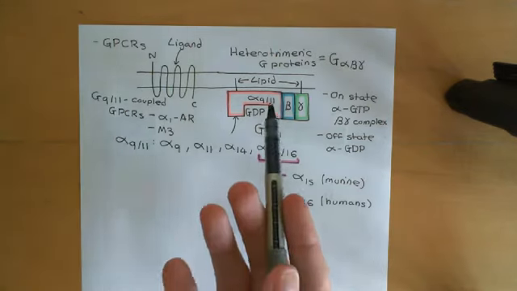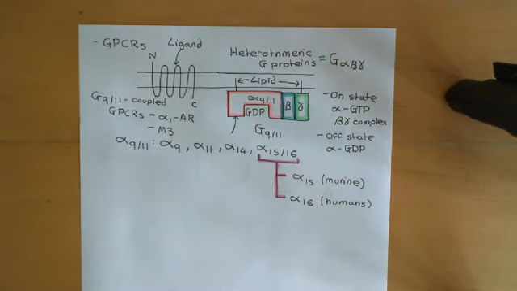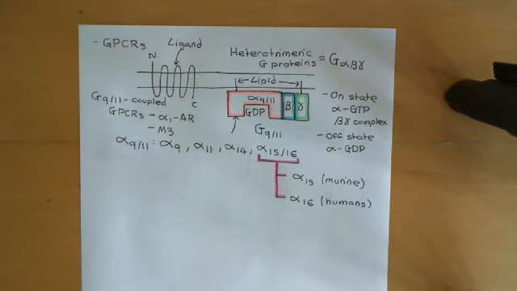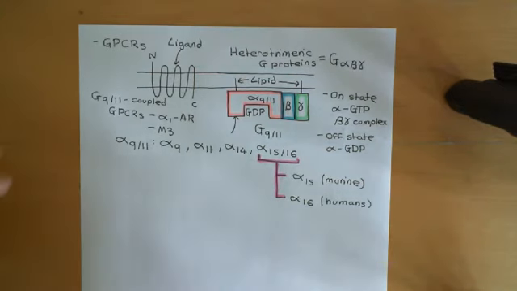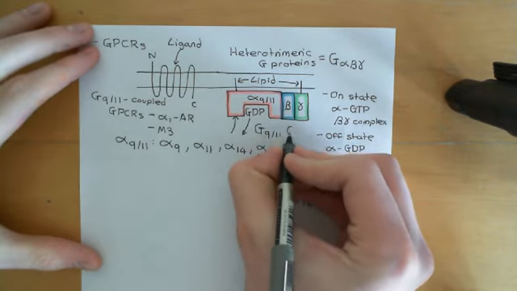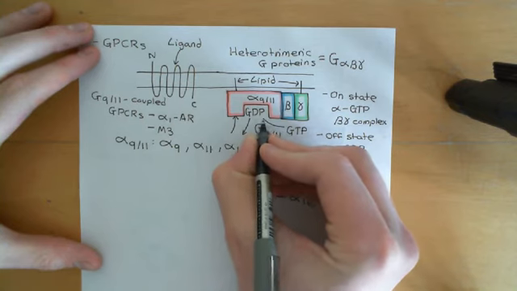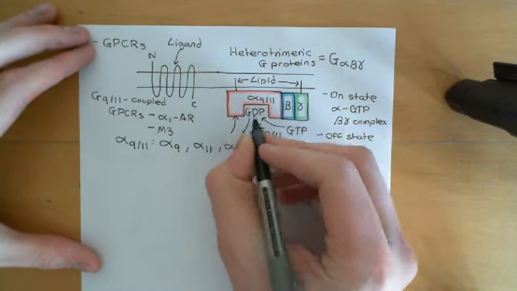It will now be able to bind heterotrimeric G proteins of the GQ/11 family, where the alpha subunit is in this alpha Q/11 family, and then what will happen is it will catalyze the release of the guanosine diphosphate from the alpha subunit, and then a GTP molecule, guanosine triphosphate, will come from the cytoplasm, bind to that alpha subunit's guanine nucleotide binding site.